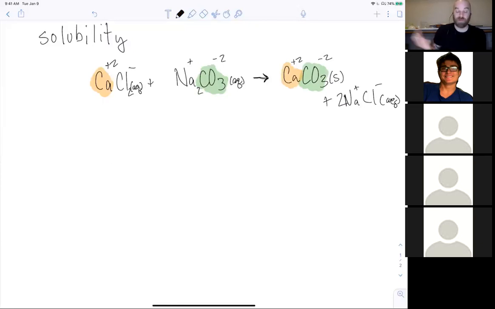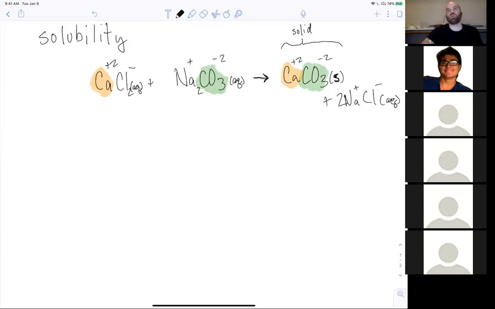The main thing though is that these things will come together and you'll form an insoluble salt. You'll notice this is a solid, and I've indicated that with the change in state in parentheses. Calcium carbonate is a more familiar compound.